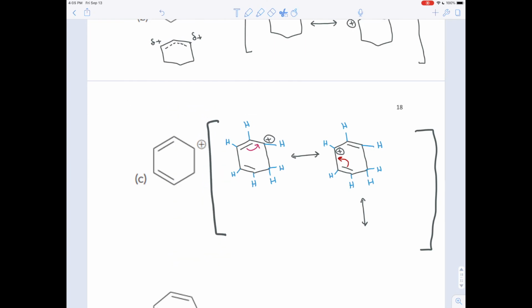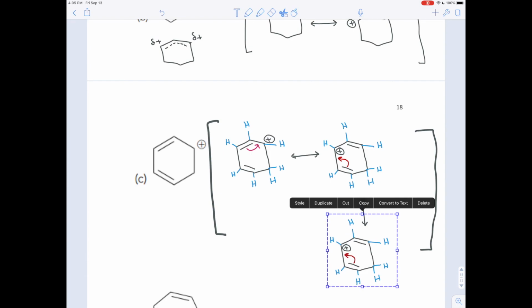Okay, so we'll draw our structure. The first step is to copy the one that we're working from. And anywhere where you have the tail of a curved arrow, those electrons are going to be moving away from there. So you erase those. And anywhere where you have the head of a curved arrow, electrons are going to be arriving there. So you draw those in.